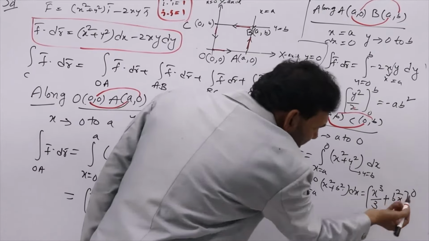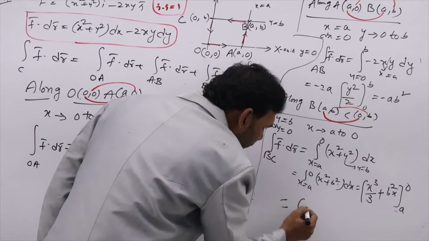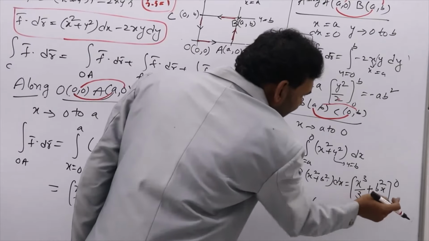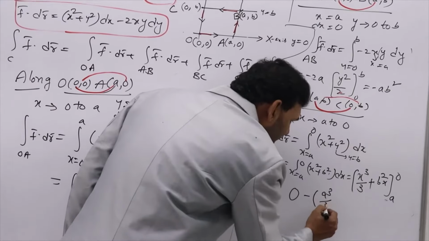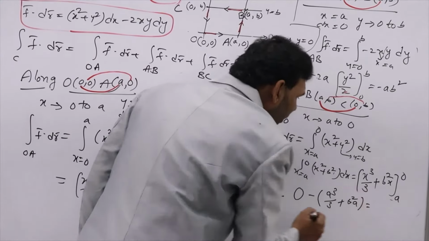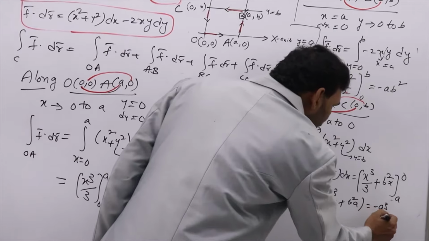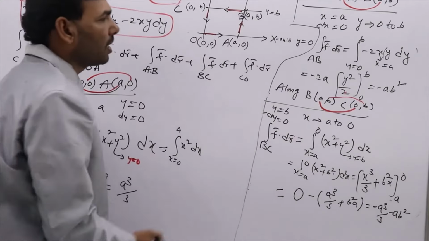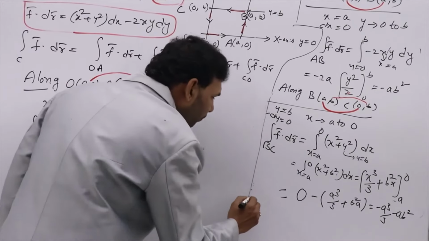If you substitute the upper limit 0 in the place of x, you get 0, minus, write a in the place of x, a cube by 3 plus b square a. Now multiply with minus to get the final answer: minus a cube by 3 minus ab square. This is along BC.